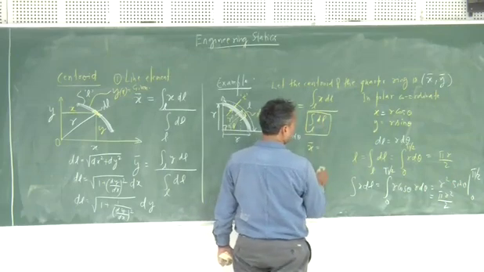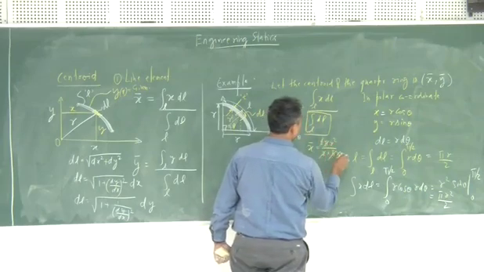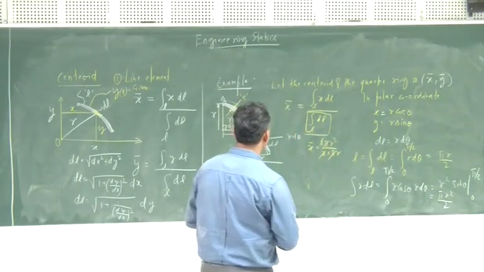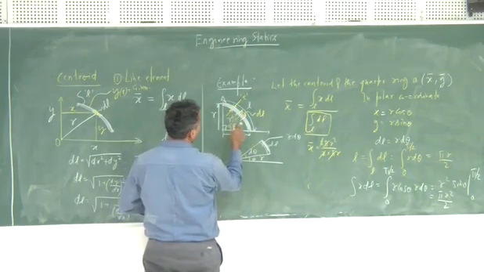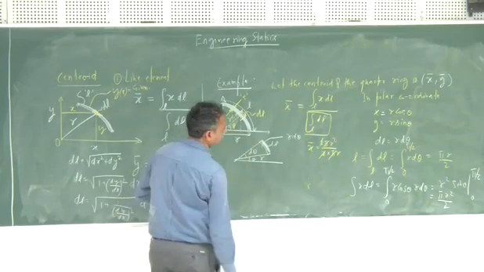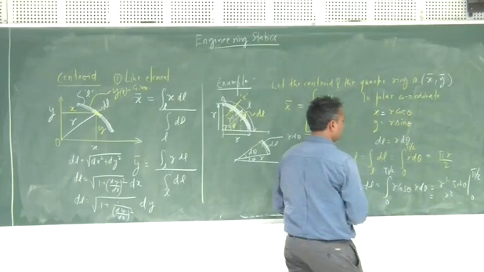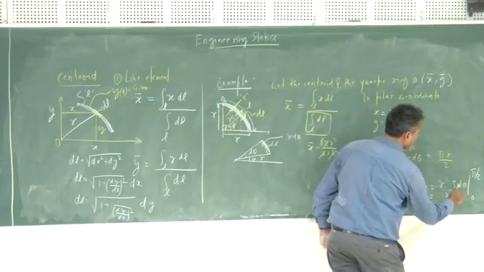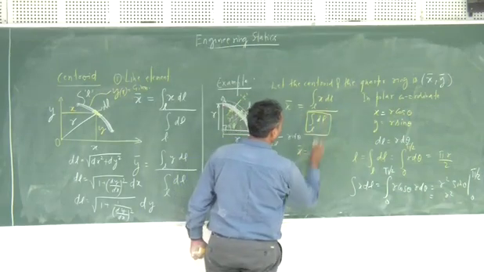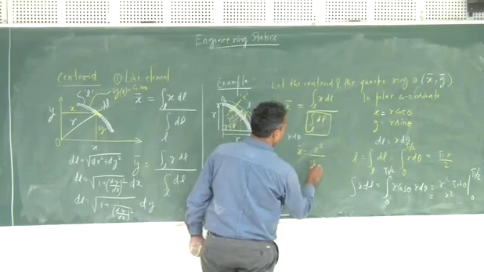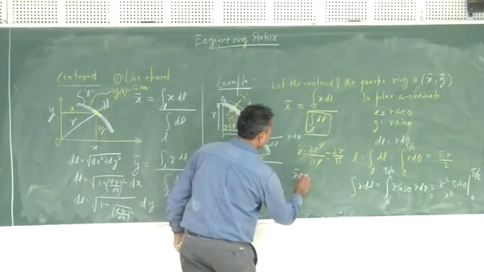This shows that x bar will be nothing but r squared over pi r by 2, so x bar will be 2r by pi. So x bar in this case that we found was 2r by pi.